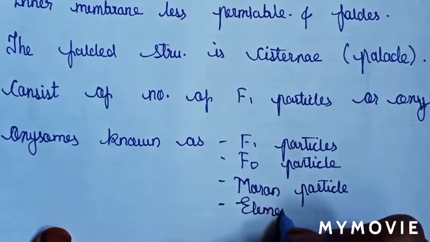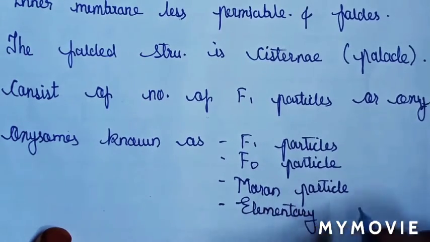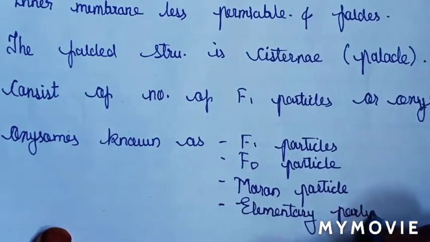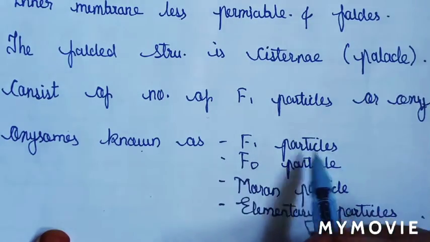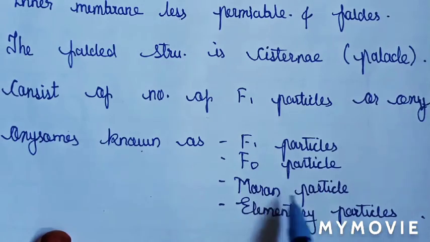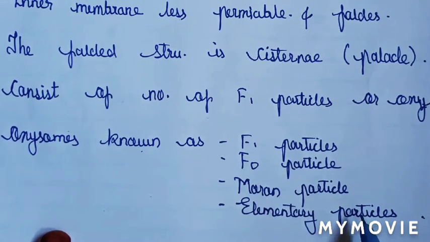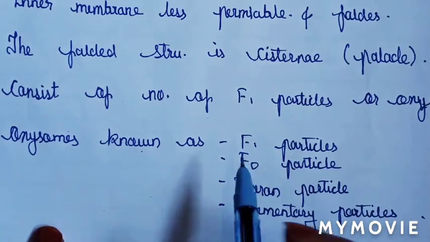So the oxysome is known as F1 particle, F0 particle, Moron particle or elementary particles. Now we are going to see what F1 particles are.